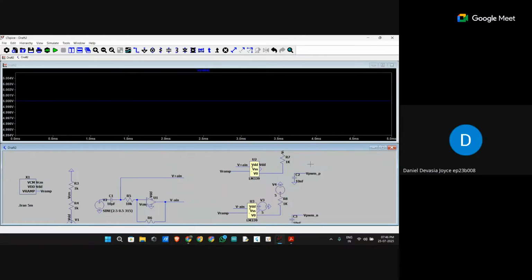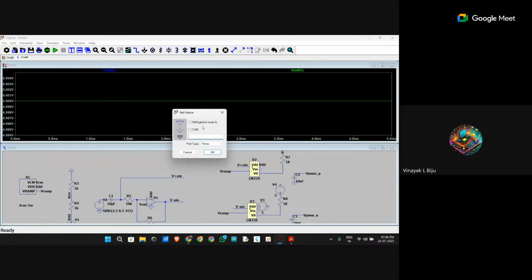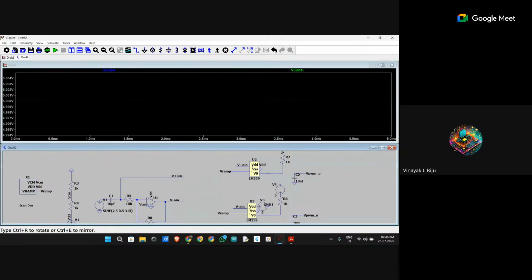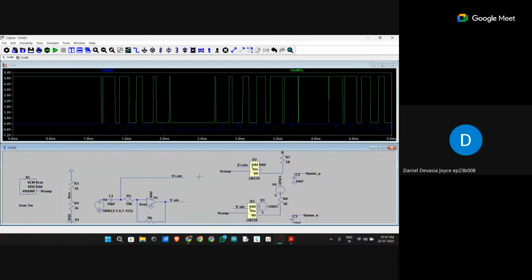And the top PWM also is 5? Yeah. Are the VDDs still correct, like, are they still 5 volt? Yeah.